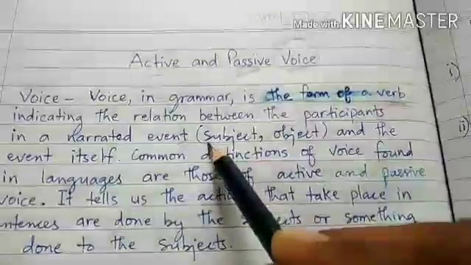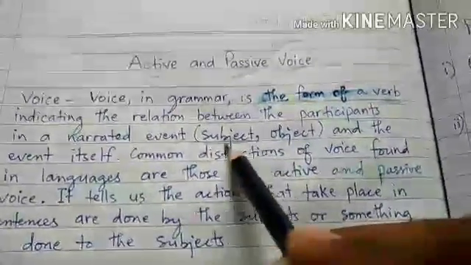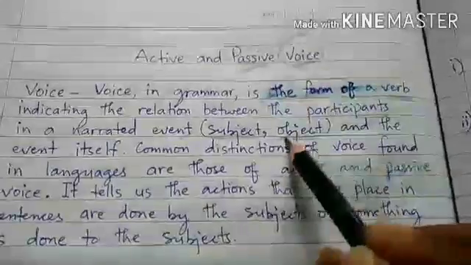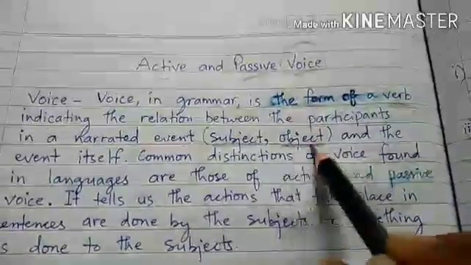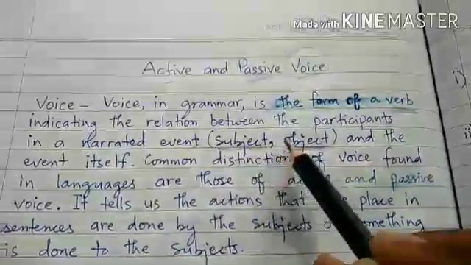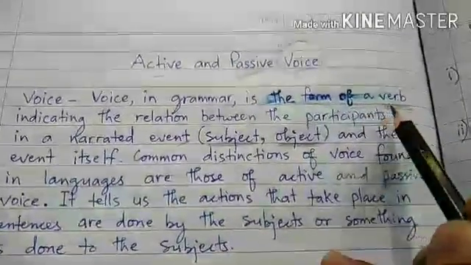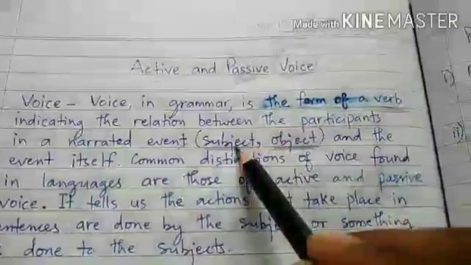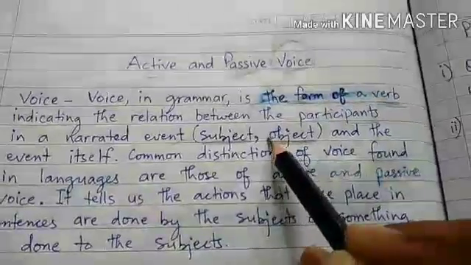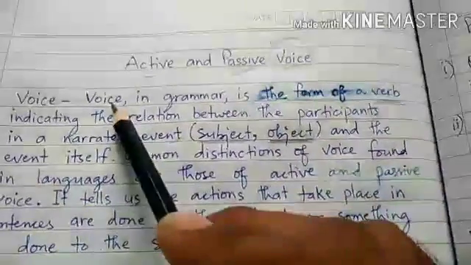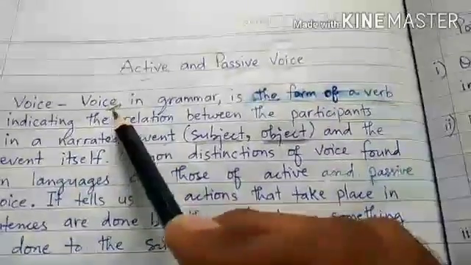Participants means the subject that does action in the sentence and the object that receives the action done by the subject. So the relation of the form of verbs with the subject and object in a sentence is expressed by voice.